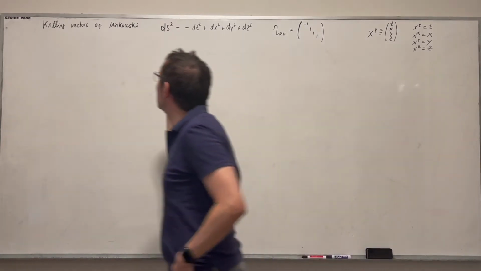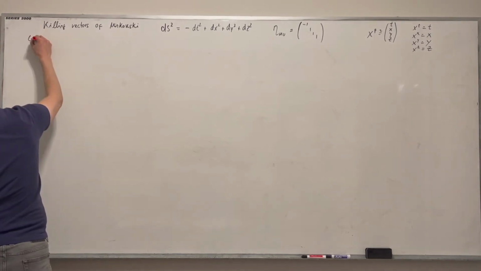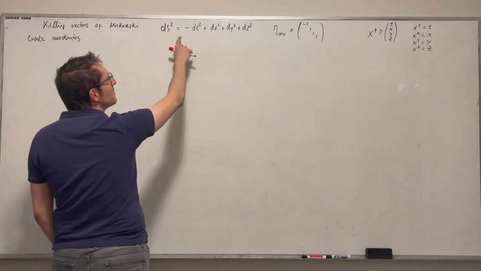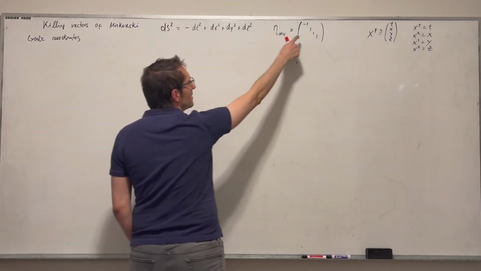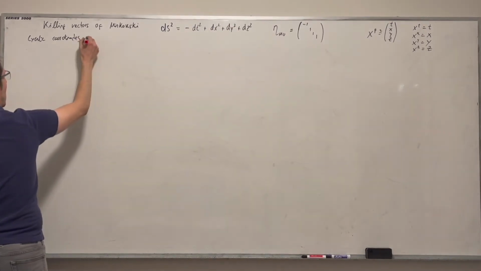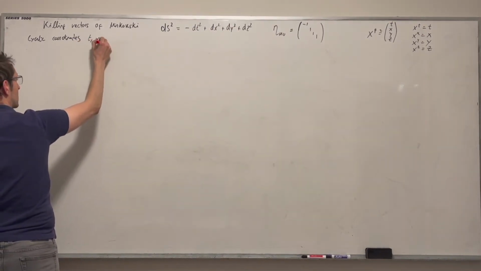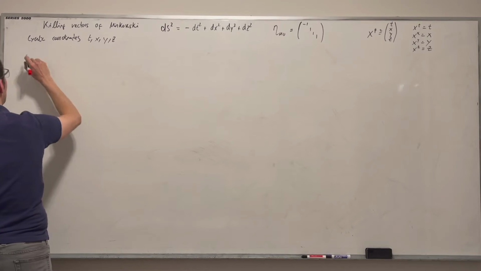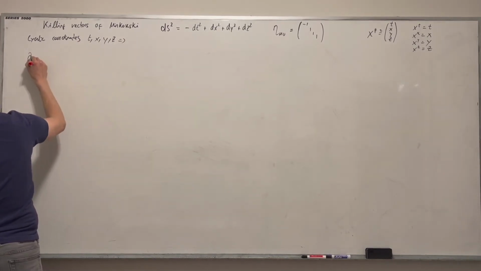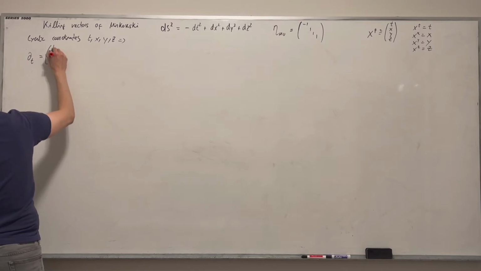So I could identify right away cyclic coordinates with respect to which the metric coefficients have no dependence. In this case, all of them: t, x, y, and z. So that allows me to identify that the vectors partial t represent like 1, 0, 0, 0.